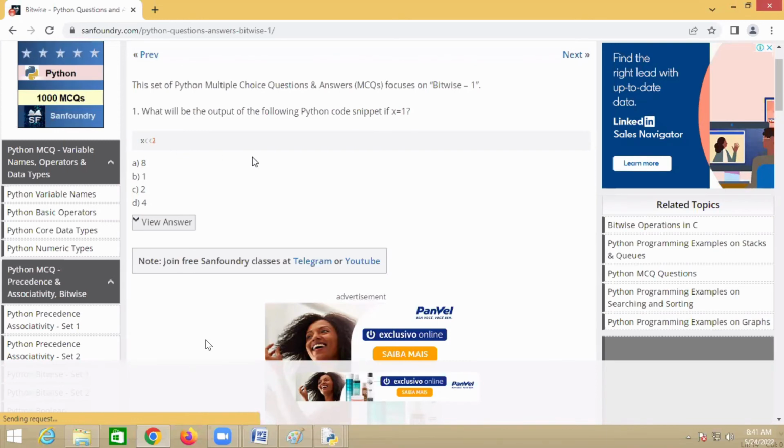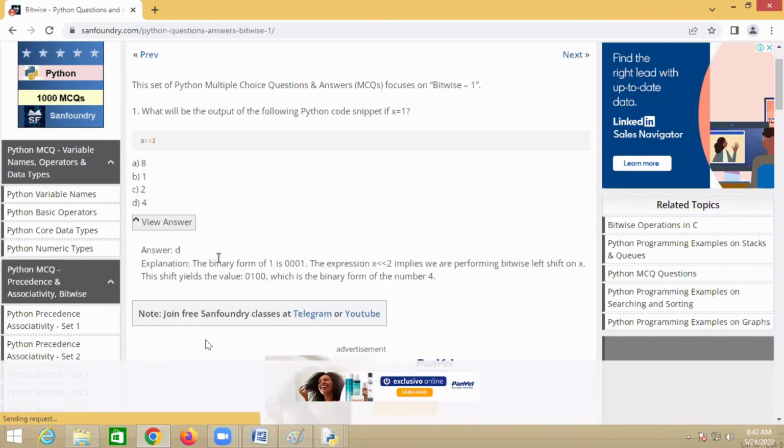Then 2 to the power of 2 into 1 is 4. 2 to the power of 0, 2 to the power of 1, 2 to the power of 2. What is 2 to the power of 2? 4.